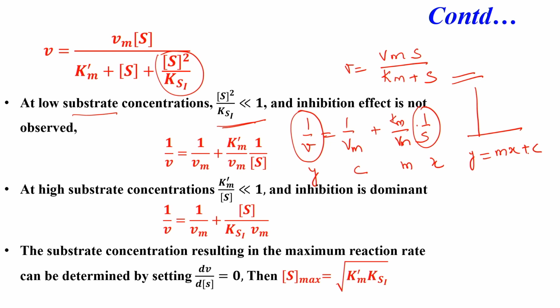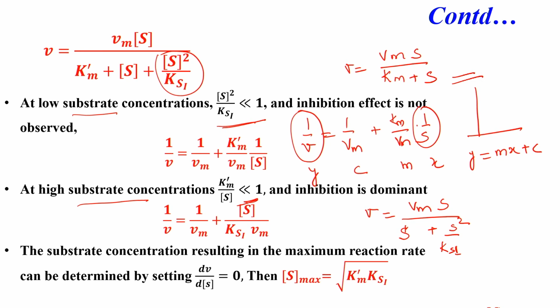Now, the second case, when substrate concentration is high, it means Km upon S is less than 1. In that case, this equation becomes V equals Vmax S upon S plus S square upon Ksi. So, Km we have ignored here.